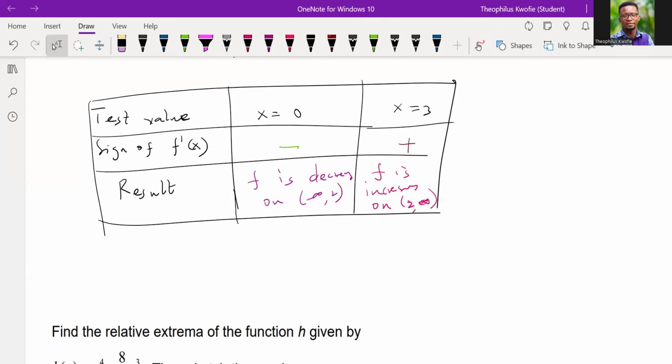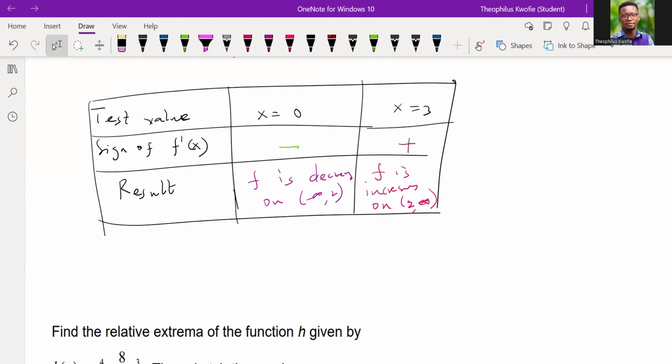From lower to higher, so we are talking about a relative minimum. From higher to lower would be a relative maximum. So please let's take note of that.